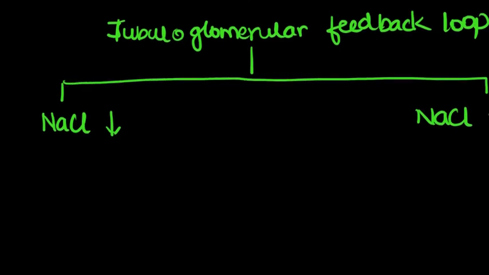Okay, when would the sodium chloride in the tubular fluid be high? You can safely assume that the blood flowing through the glomerulus is more, so more fluid is being filtered and more sodium chloride is reaching the DCT level. So you can safely assume this as high renal blood flow.